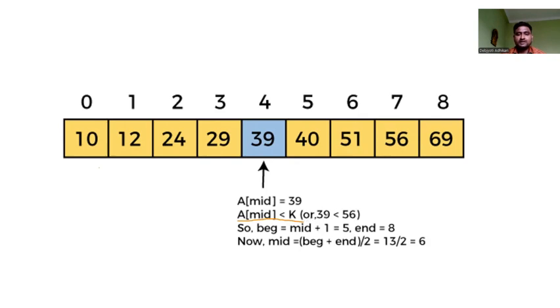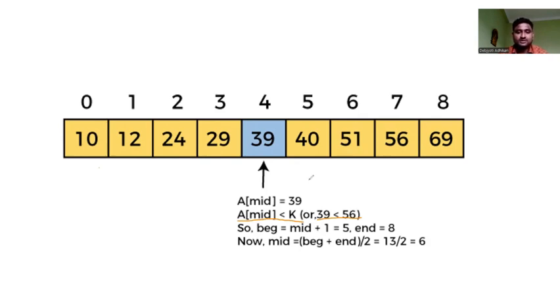It means 39 less than 56. It means our target value is in the right subarray, because we know this array is already sorted, so we can guess our target value is in the right hand side of this array.